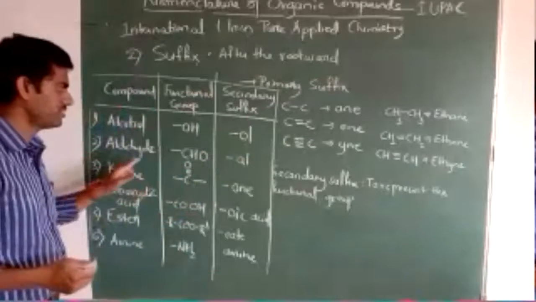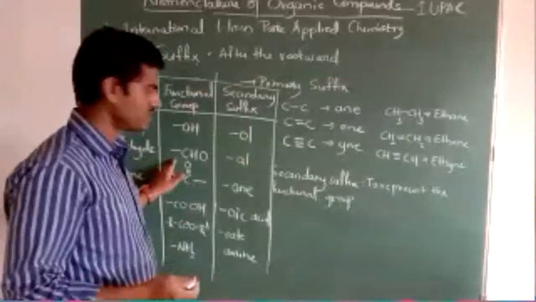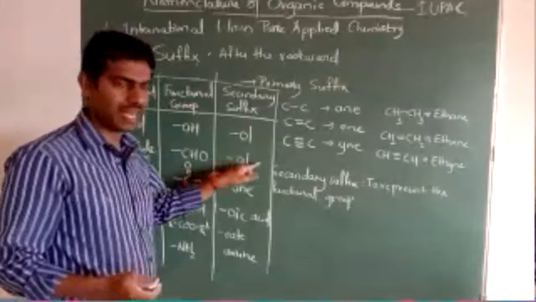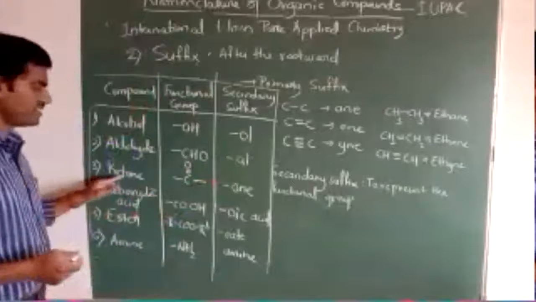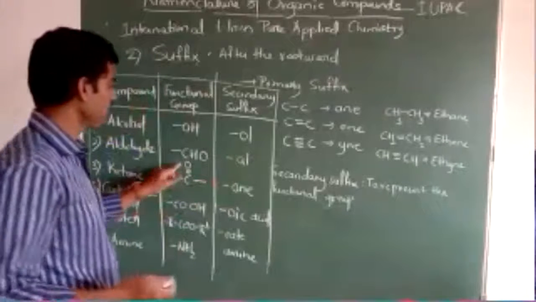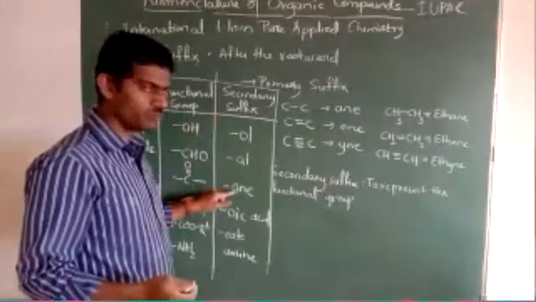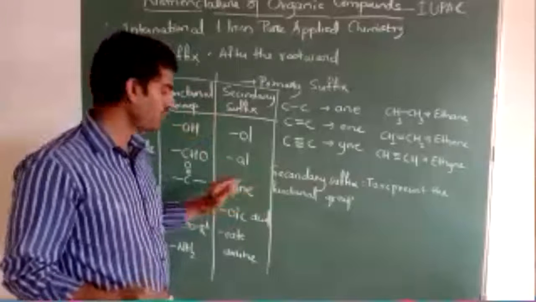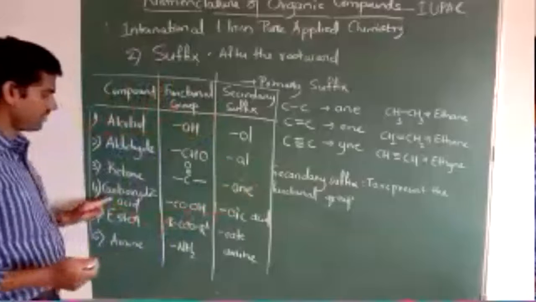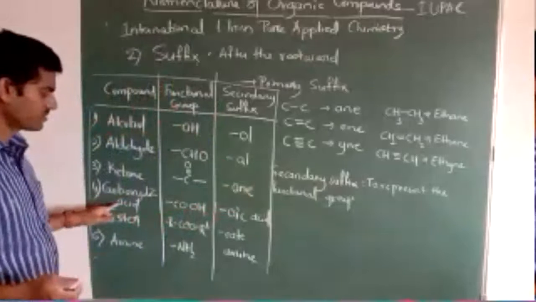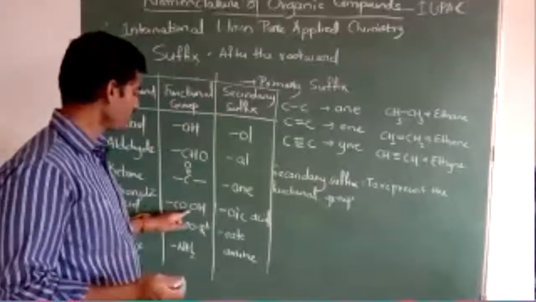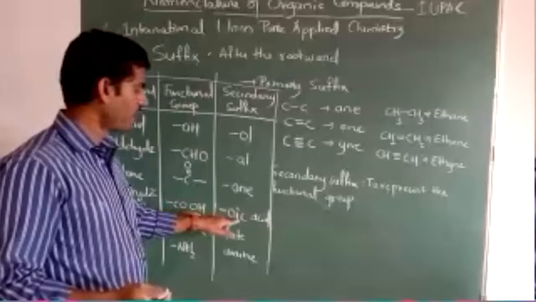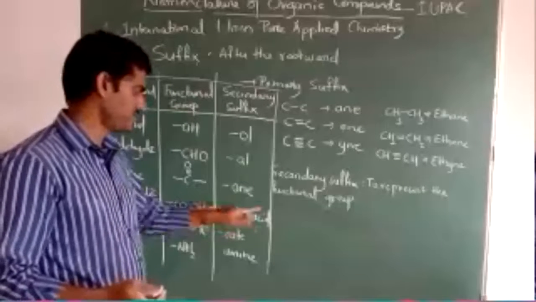Aldehyde, functional group CHO, secondary suffix AL. Ketone, CO, secondary suffix ONE. Carboxylic acid, COOH, secondary suffix OIC, that is oic acid.